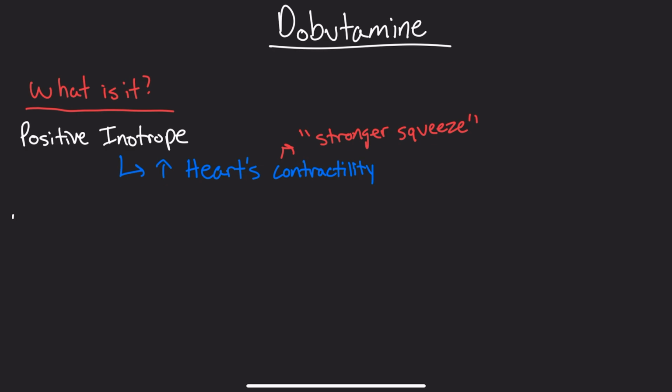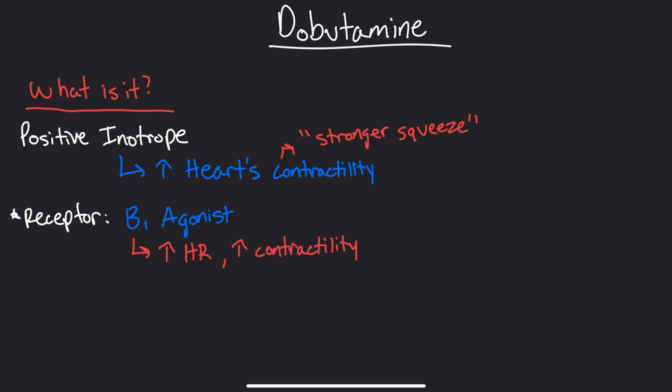As far as the receptor that dobutamine works on, dobutamine is primarily a beta-1 agonist. So when beta-1 is activated, once again, you'll see an increase in heart rate and an increase in that contractility that we just talked about.